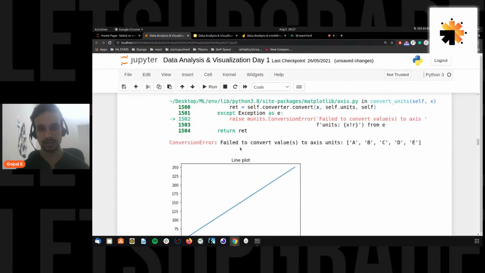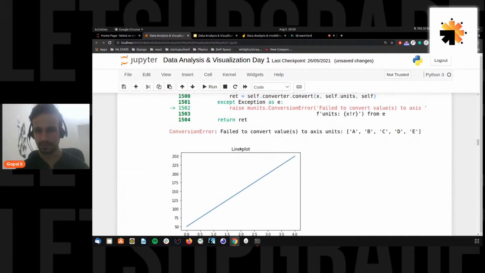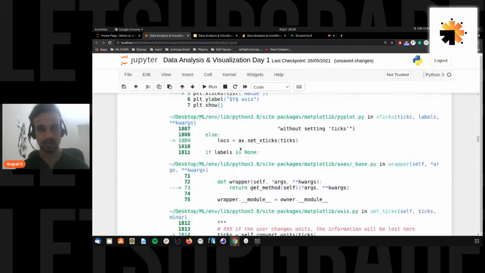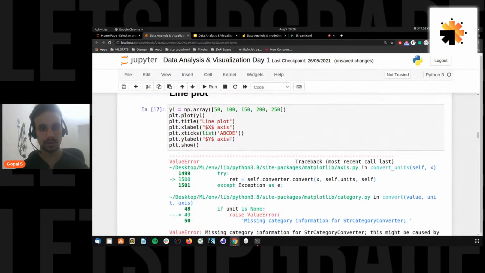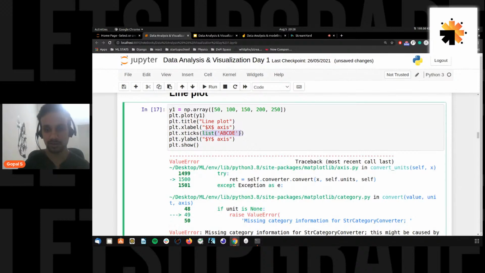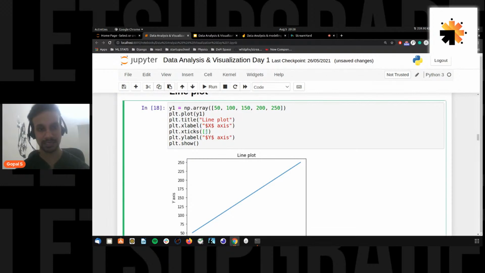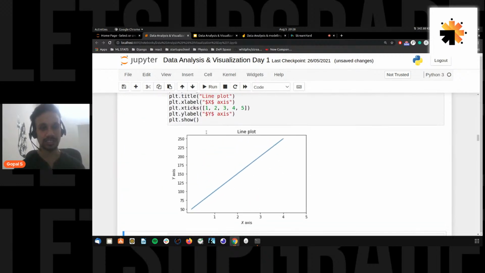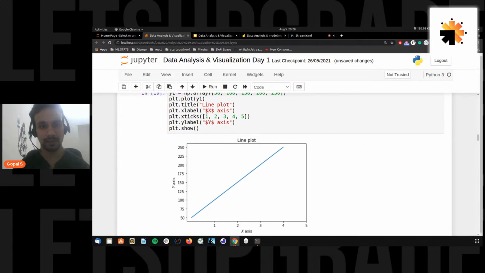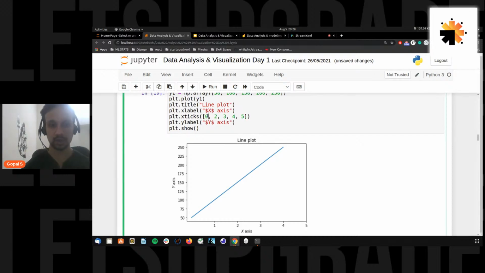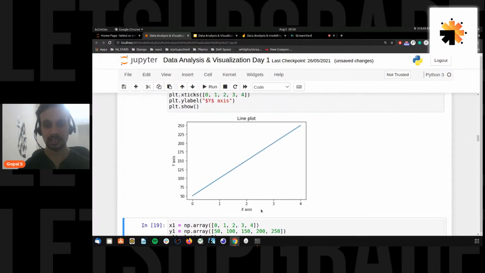Okay, now I don't have any values since I didn't pass any, so let's use 1, 2, 3, 4, 5. So you can change values the way I just did. But instead of going from 1, why don't we go from 0, 1, 2, 3, and 4? Right, and that is much better.